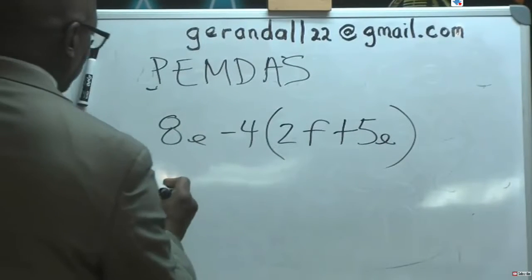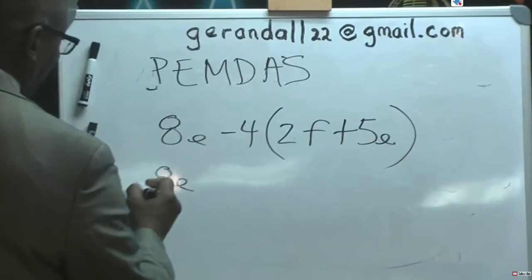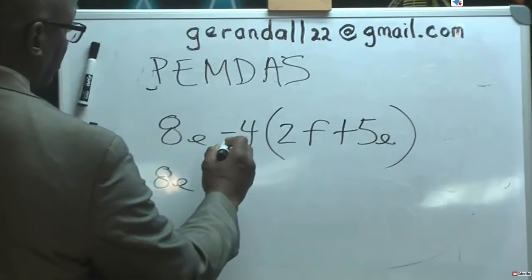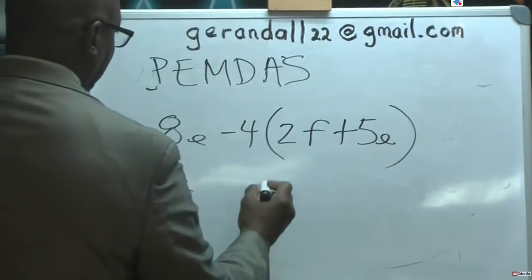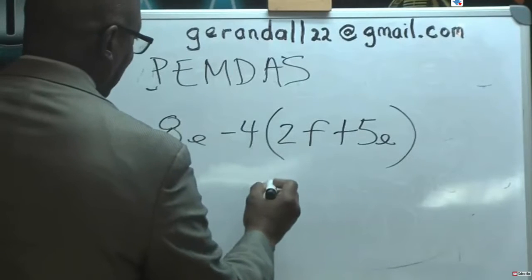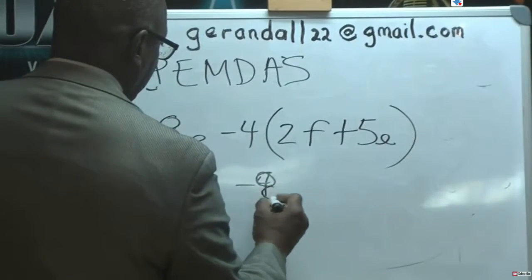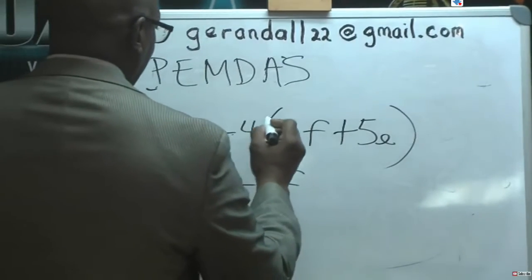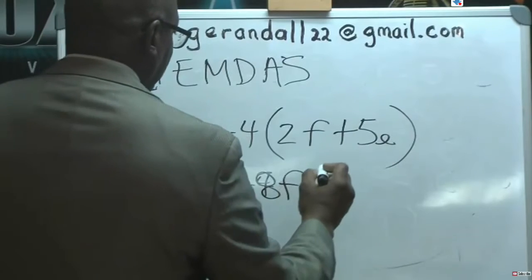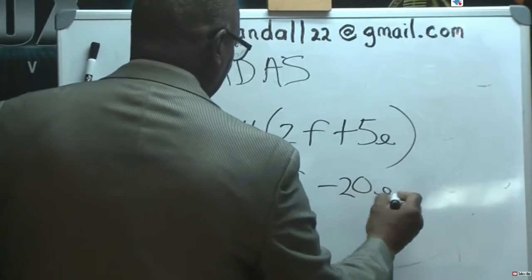We've got to repeat 8e, and that means 8 times e, multiply minus 4 times 2f. And again, 4 times 2 is 8, minus 8f. And minus 4 times 5 is a minus 20e.